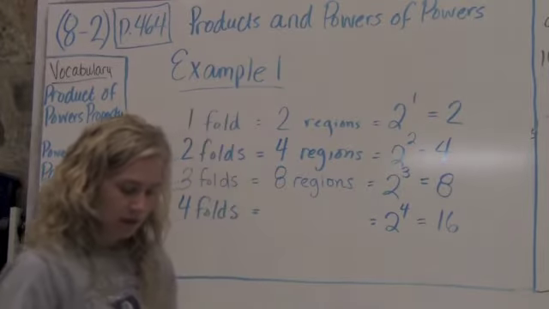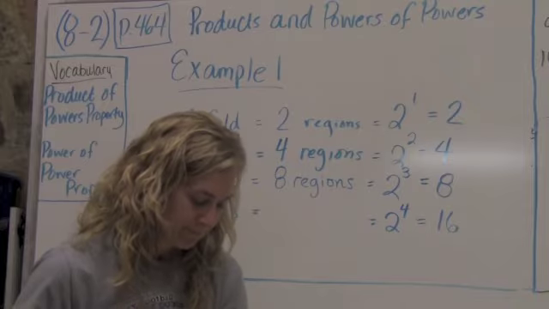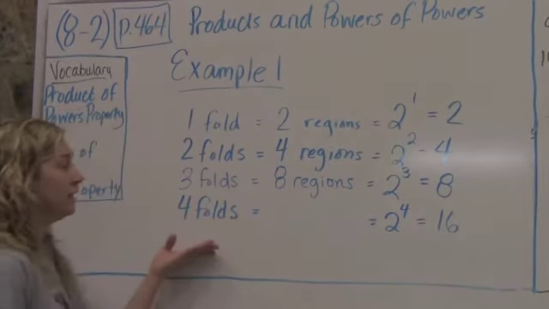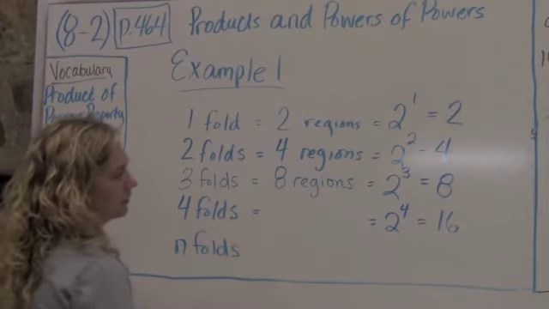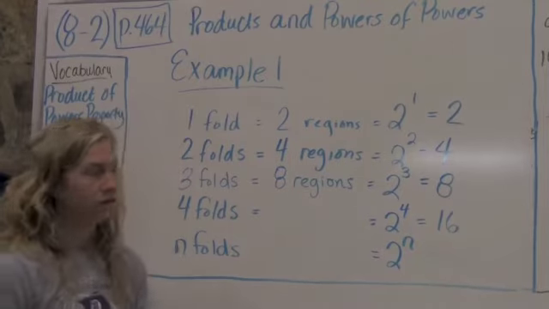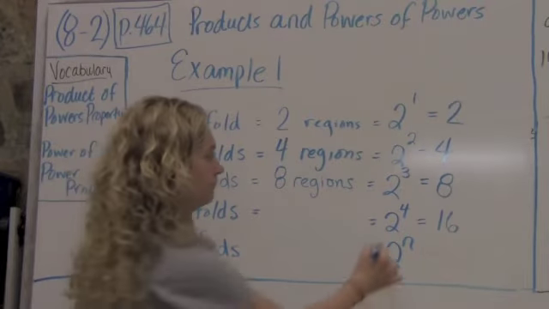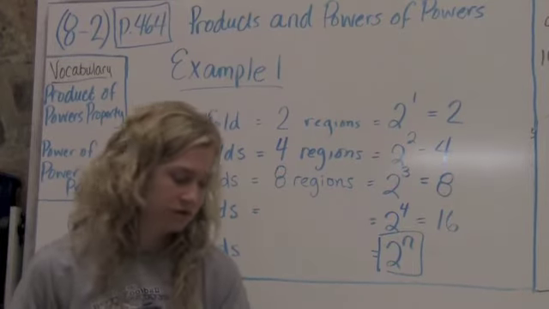Okay? So after n folds then, you would have 2 to the n regions. Okay? And that is using the product of powers property.